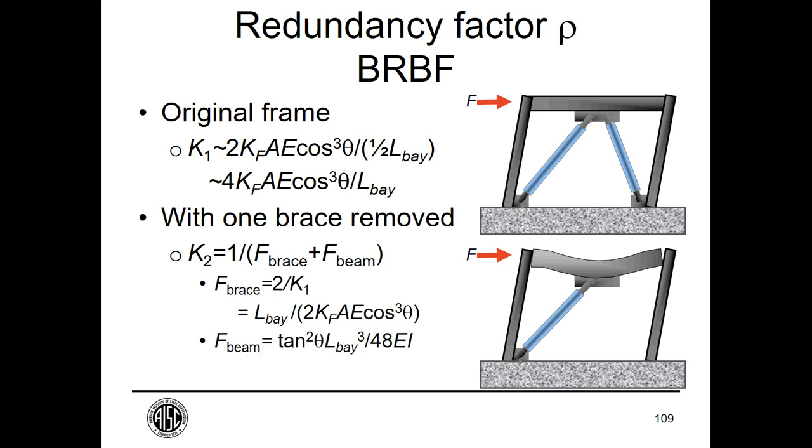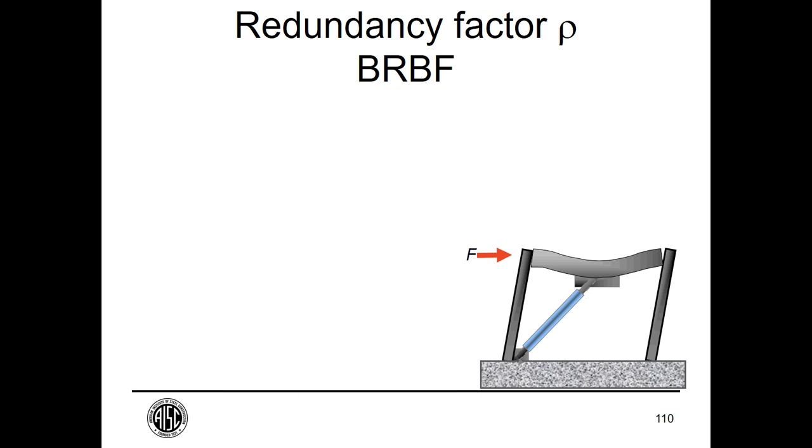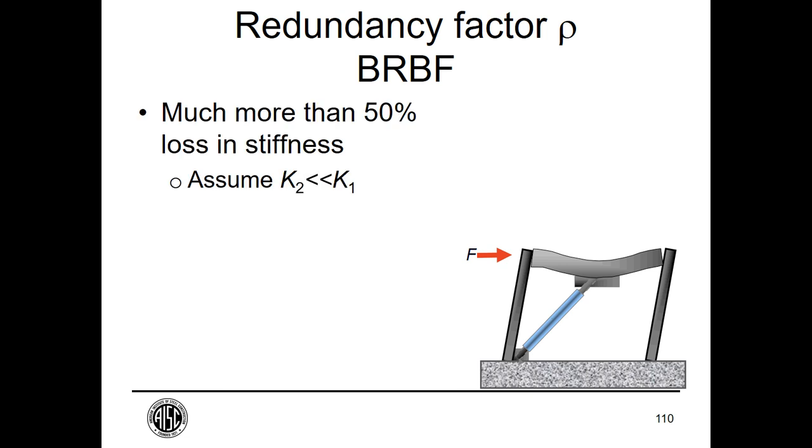But if we look at that, that beam flexibility is going to be quite dominant compared to the brace flexibility, and it's going to be a loss of stiffness that's going to be much greater than 50%.